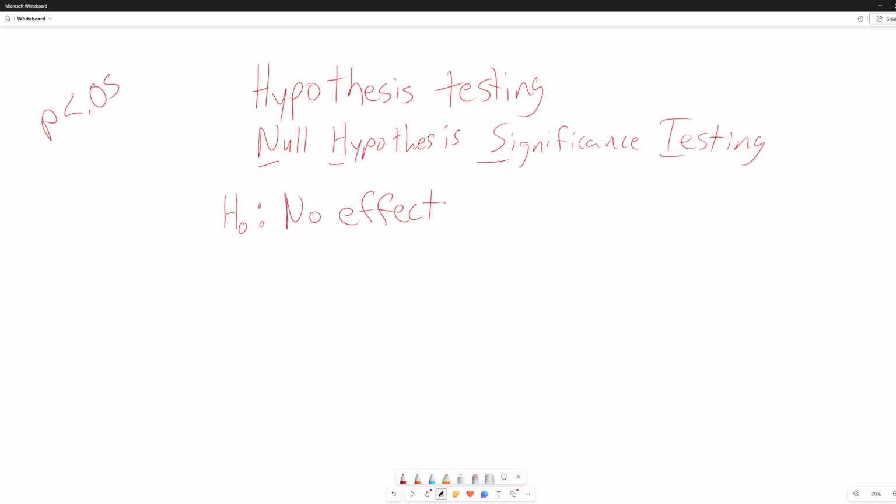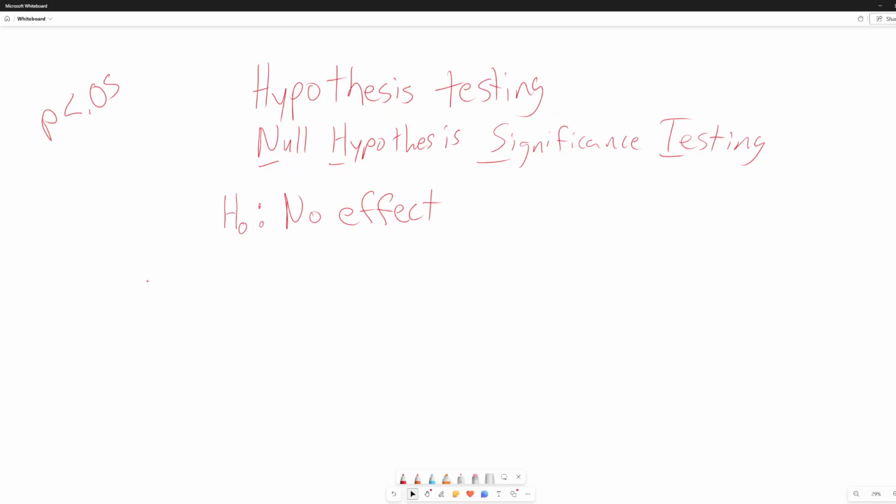And so you can think about this like a correlational study, that there is no correlation, or like an experimental study where there's no differences between the experimental group and the control group, or a quasi-experimental study where you're looking at maybe the differences between people of different races in income or something like this. So you compare two different races on income. The null hypothesis is going to say that there's no difference between people of different races on income.